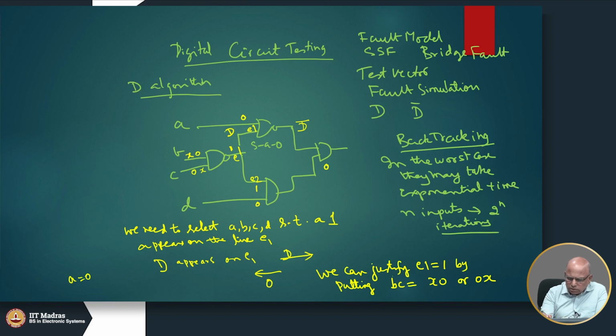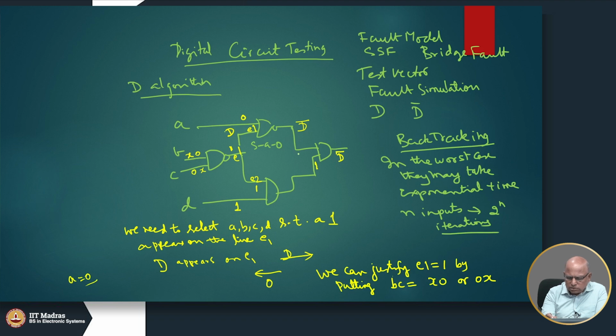Oh, I am sorry, I have made a mistake now. I have to put a 1 here because it is an AND gate. So, if I have an AND gate, if I have D bar on one input, the other has to be 1. So, that D bar comes at the output, and in order to put a 1, luckily I already have a 1 here. So, I need to put a 1 here. So, A equal to 0 will propagate the fault to this place.